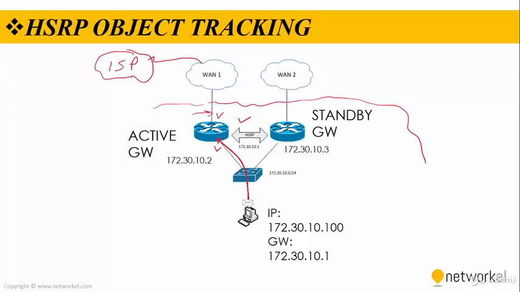Maybe I have a central router in here that I'm collecting the traffic from the branch offices. What HSRP object tracking does, I can ping this interface of my HQ router from here, and if the ping to the HQ router fails, I can change the traffic's pattern again.